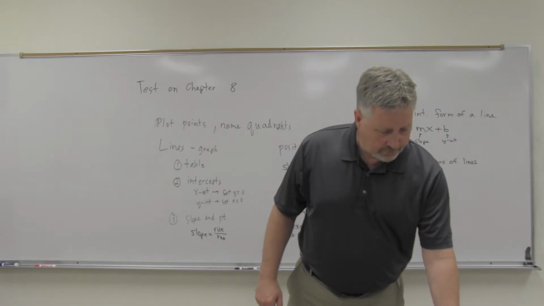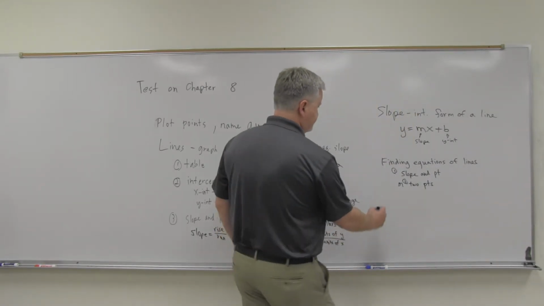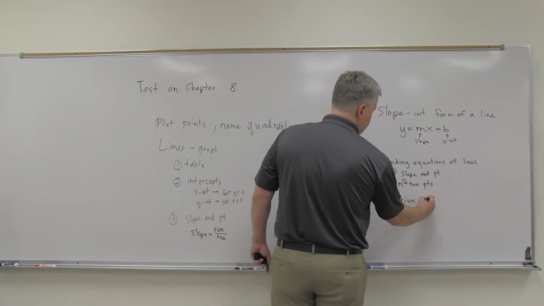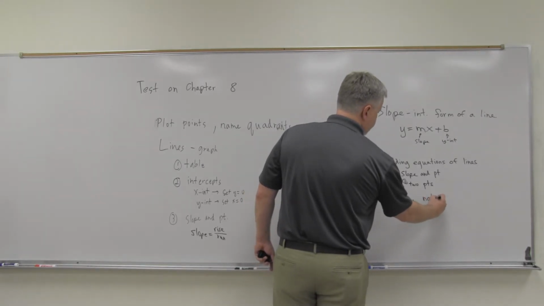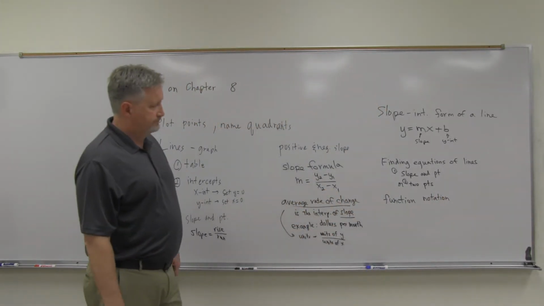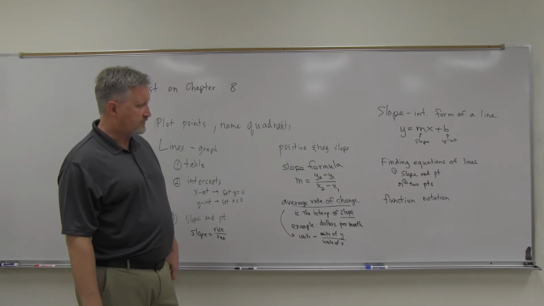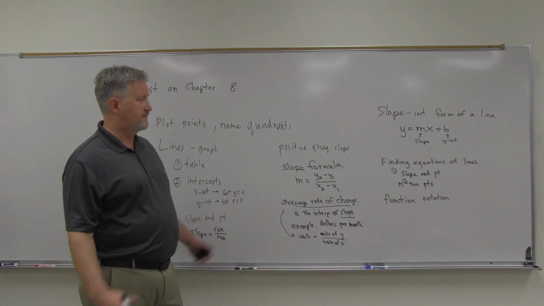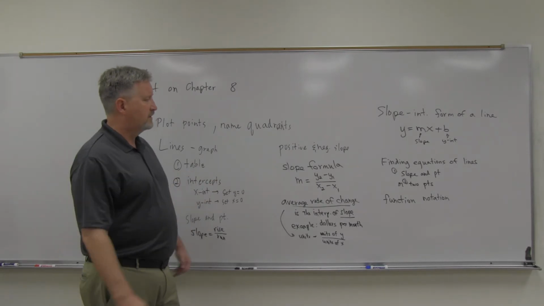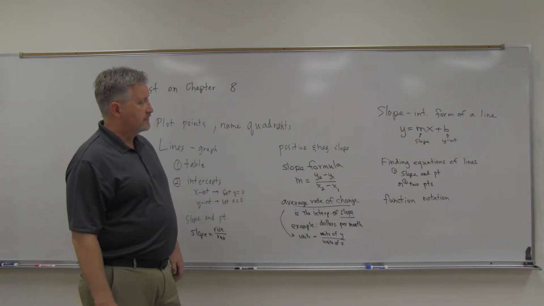Then we also talked about functions. Function and function notation, compute a value given a function f of x equals this. Be able to compute f of whatever. Use a function notation.